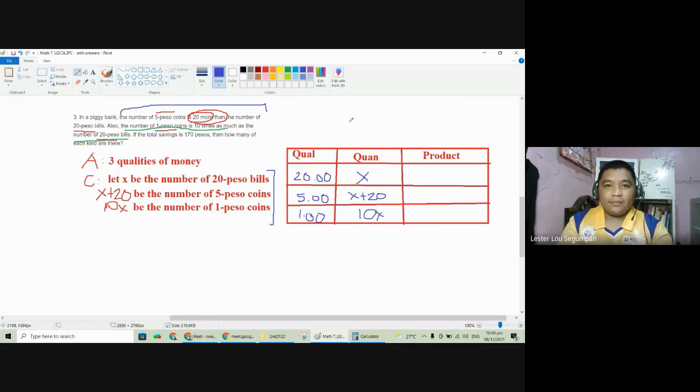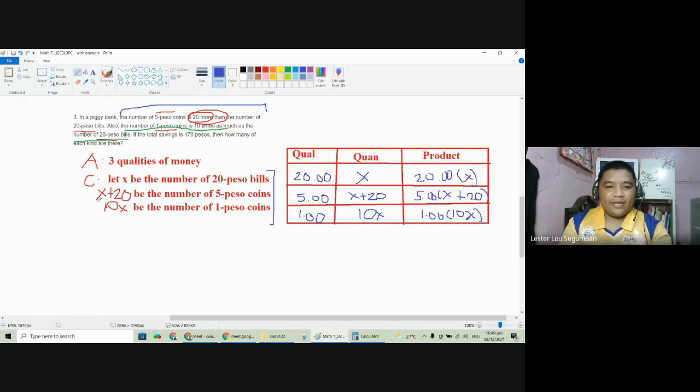So the product is simply the product of each separately. So you have 20.00 times x. Again, this is point. Let me have it like that. Okay. Then you have 5.00 times x plus 20. And finally, you have 1.00 times 10x.